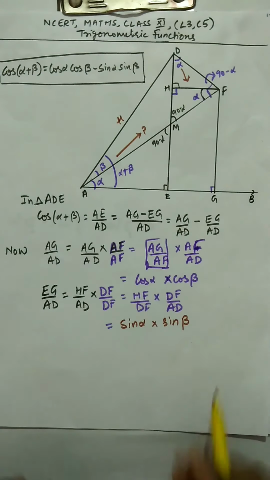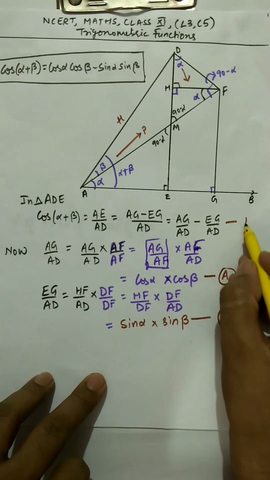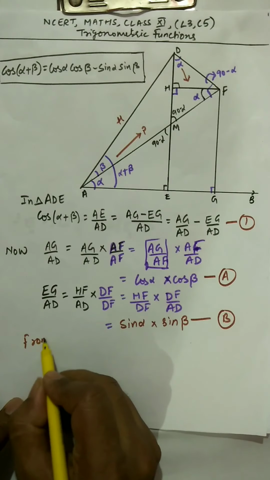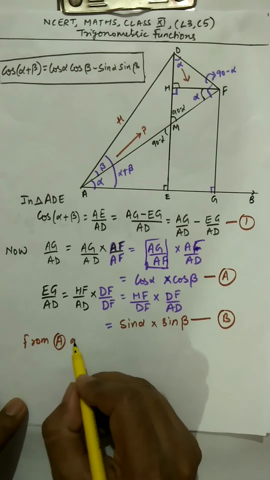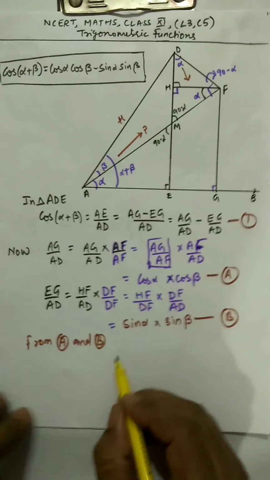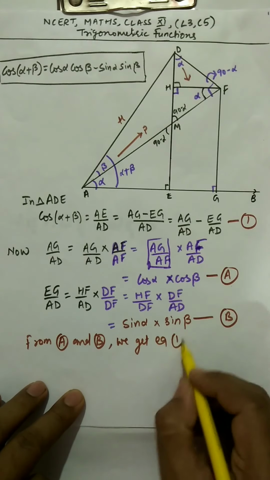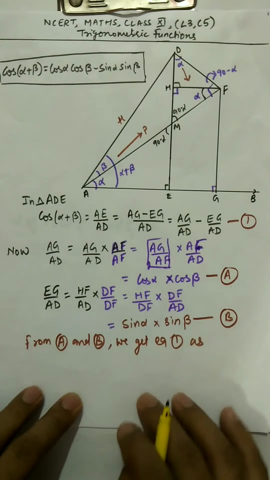Okay, now this is your A, this is your B, and let's say this is your equation 1. So from A and B we get equation 1 as, you see what we are going to get.